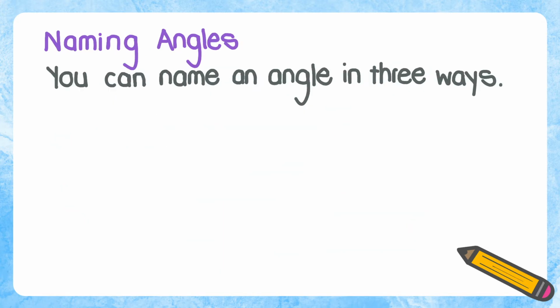You can name an angle in 3 different ways. Let's say we have an angle like this. Notice how the angle is created by the intersection of 2 lines. One way to name this angle is to call it angle B. We have the symbol for an angle and then the letter B, since that's where the angle is.